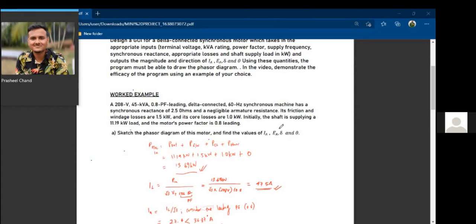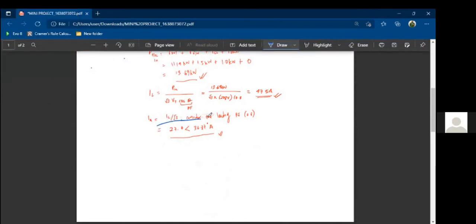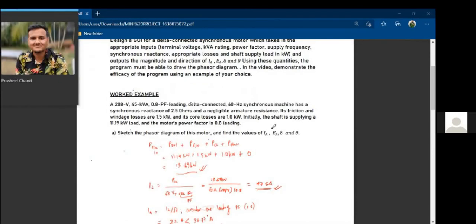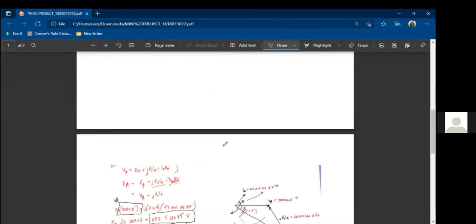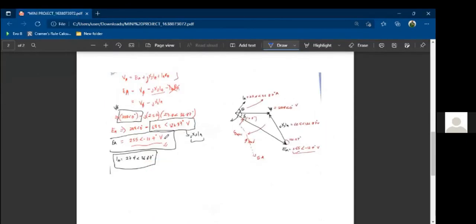We are required to sketch the phasor diagram of this motor and find the values of the armature current, armature voltage, delta, and theta. If you take a look at the workings, the value for IA we obtained is 27.4 angle of 36.87 degrees amps. We are going to use that in the calculation for the armature voltage. Upon finding the armature voltage, we know that it comes to a value of 255 with an angle of minus 12.4 degrees volts.